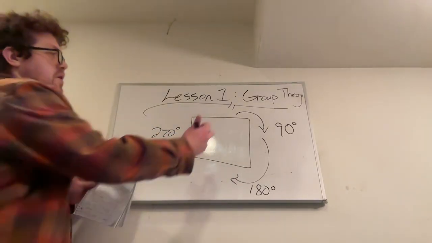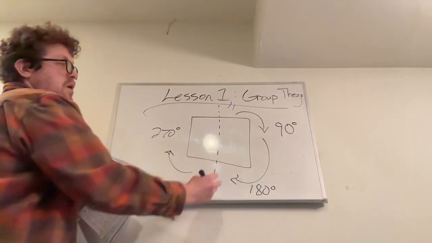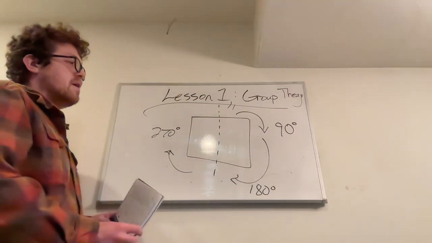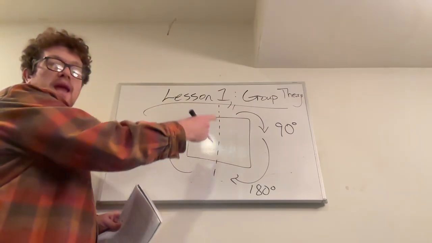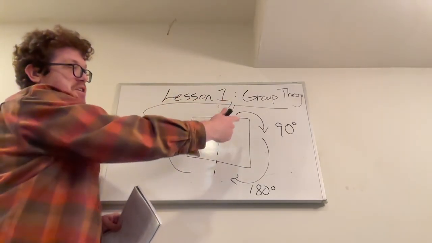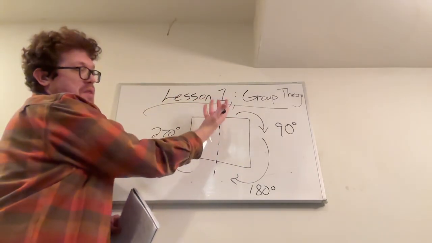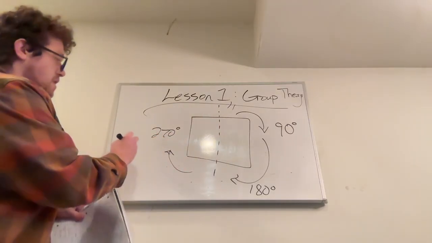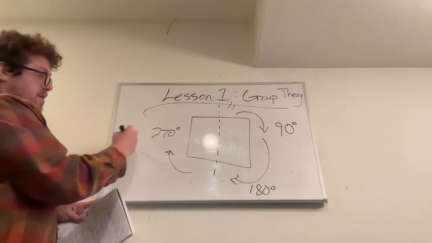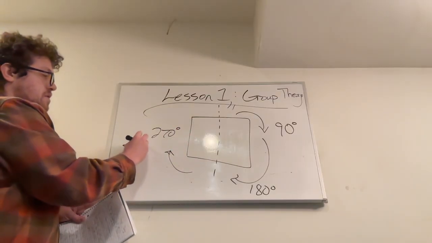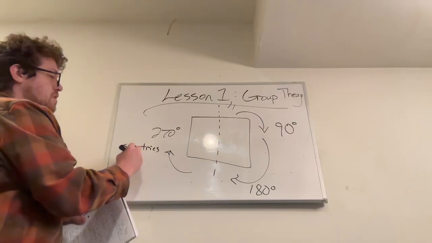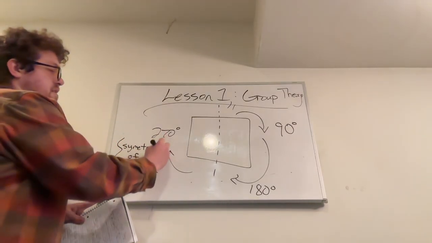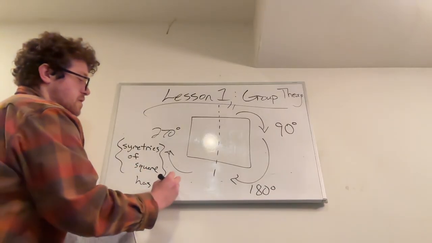Or you can also do a reflection about some axis of symmetry, right? So in total, there'll be eight elements of the group. There are 4 rotations, and then I can do the 4 rotations along with a flip of the orientation. So the symmetries of the square, right, this has 8 elements.